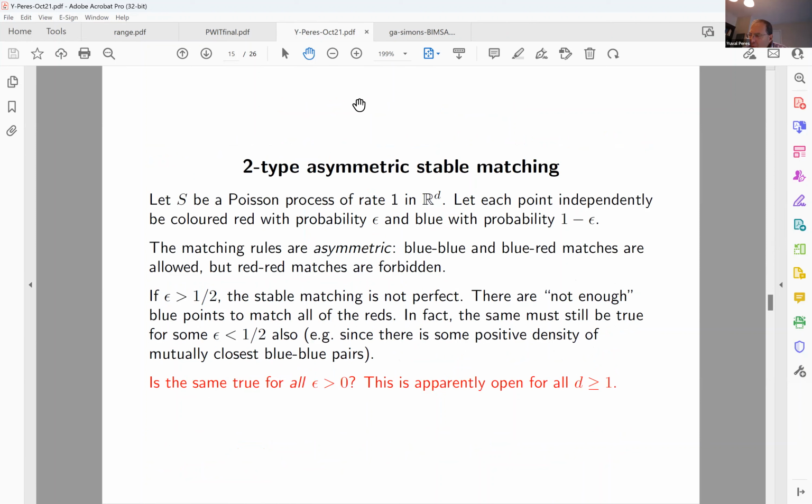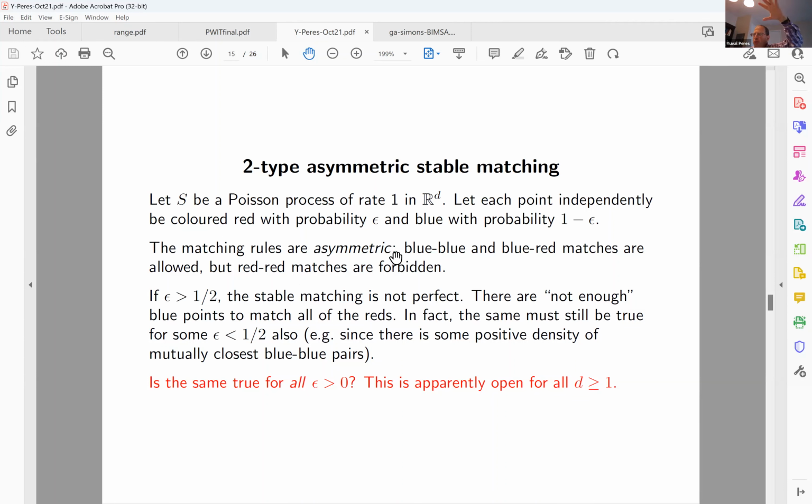Now I come to the example where we will use the PWIT, which is the two-type asymmetric stable matching. So we start with a uniform cloud of particles, this Poisson process of rate 1 in all of space, R^d. Each point is independently colored red with probability epsilon, blue with probability 1 minus epsilon.